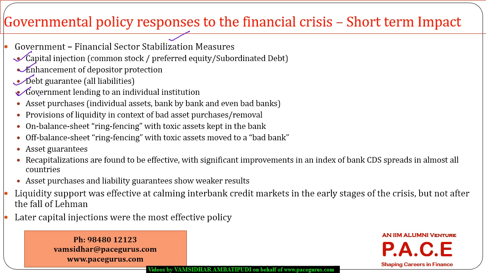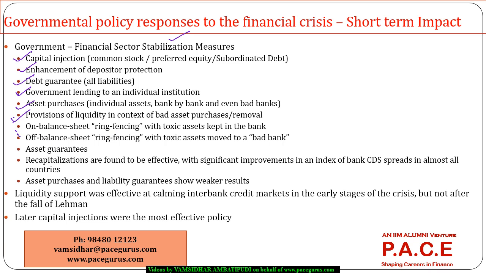Government started lending to various private institutions just to bail them out. Various asset purchases, individual assets were purchased by the government, bank by bank, and even bad bank related assets were also purchased. There was a heavy injection of liquidity, especially with respect to bad asset purchases and removals.